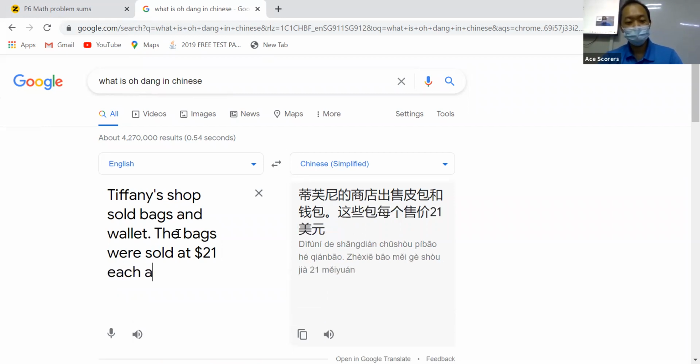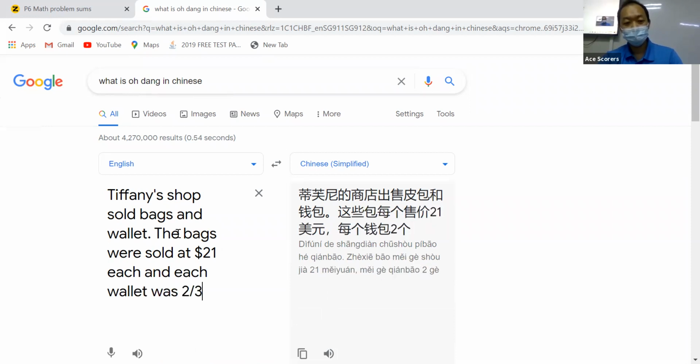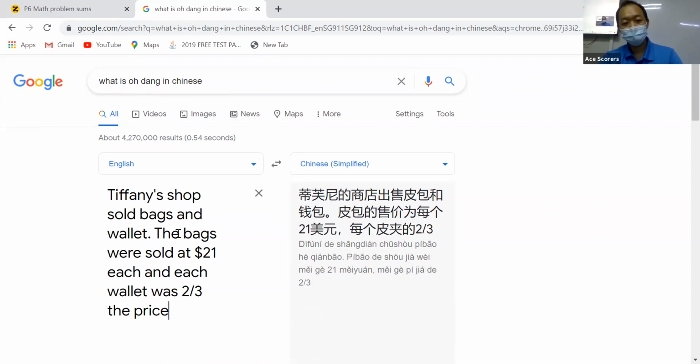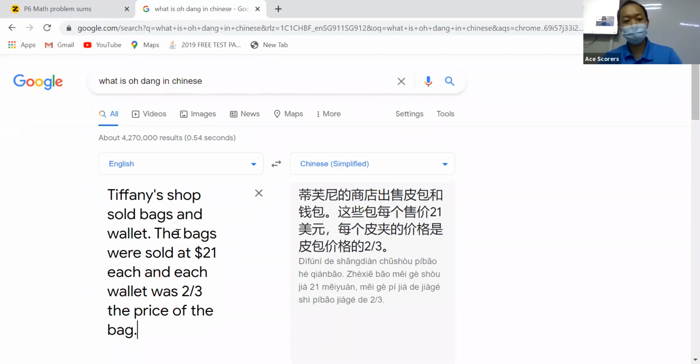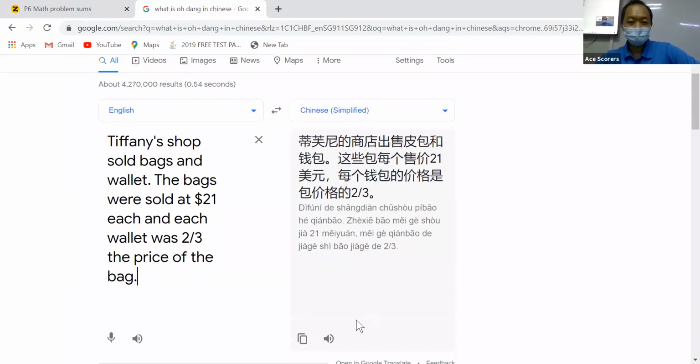And each wallet is 2/3 of the price of each bag. Yeah, very good.